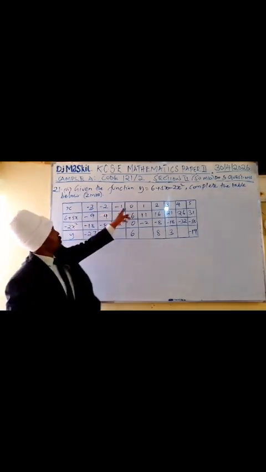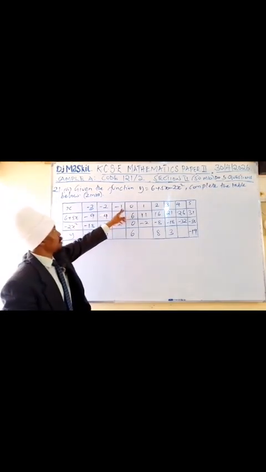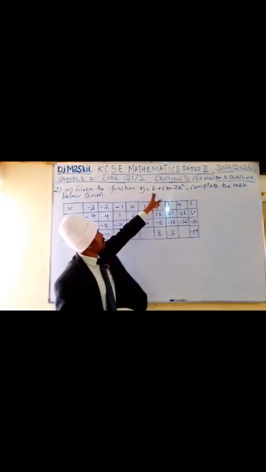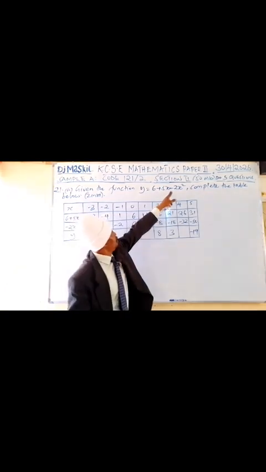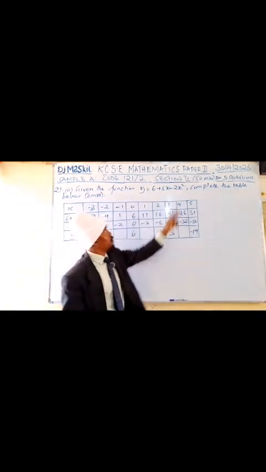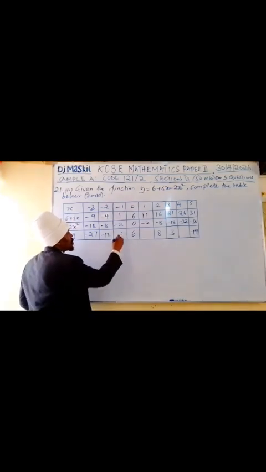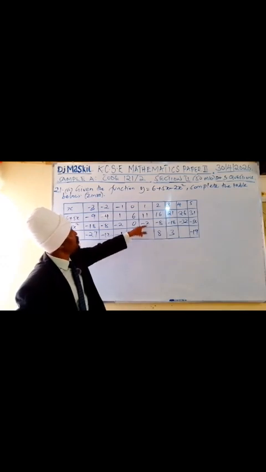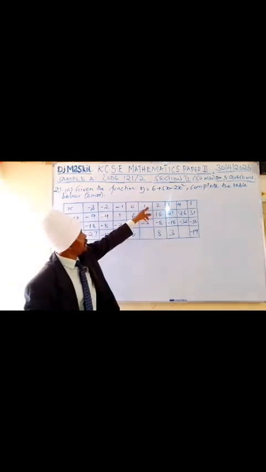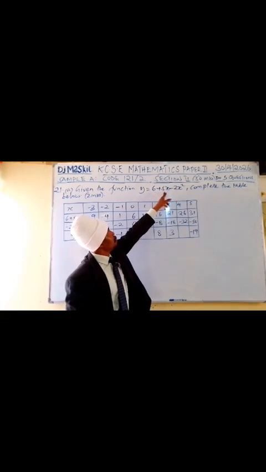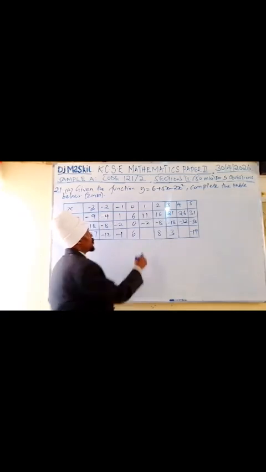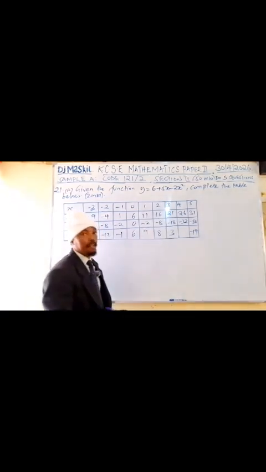Now, when x is negative 1, we are going to say from the same function we are going to get 6 minus 5 minus 2. So this one will give you negative 1. Now we have 1 as our x, so we are going to say 6 plus 5, which is 11, minus 2, we get 9.